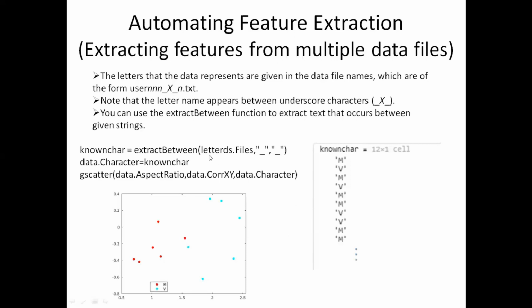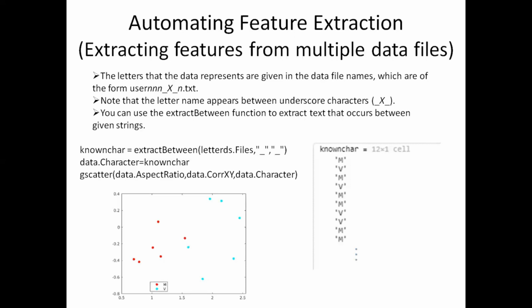For that I am using the input letterDS.Files. letterDS is the data store that we have created, where we downloaded our data. Files is the files that are available in the data store.